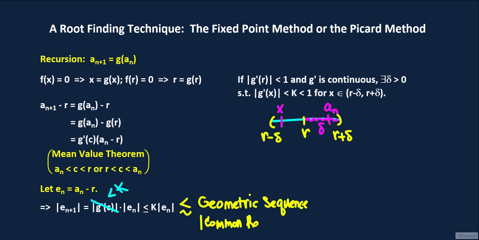This geometric sequence happens to have as its common ratio the value k. And because the absolute value of the common ratio k is less than 1, this geometric sequence converges to 0. And so does the sequence of the absolute values of the e sub n's. And therefore, the sequence of estimates a sub n must converge to r.